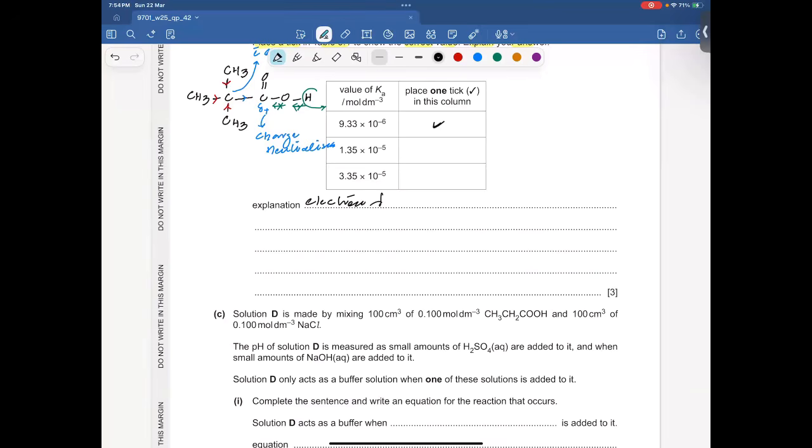Electron donating alkyl groups have a positive inductive effect.